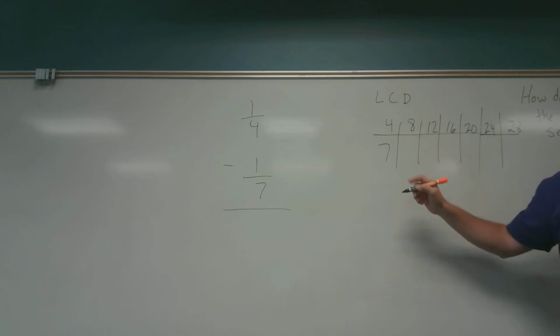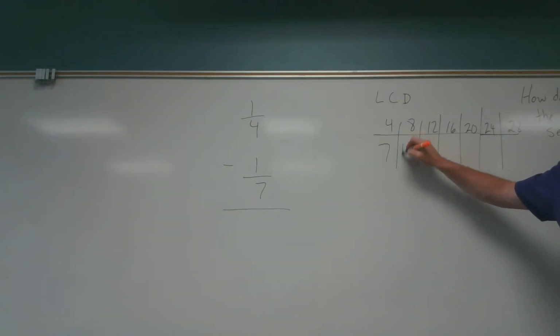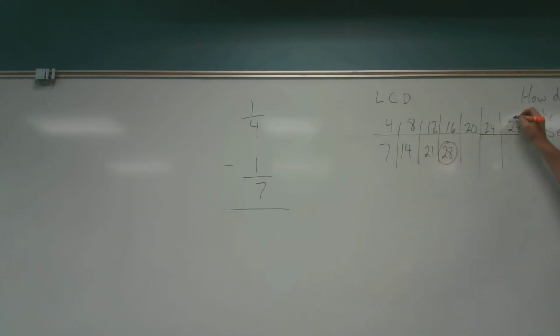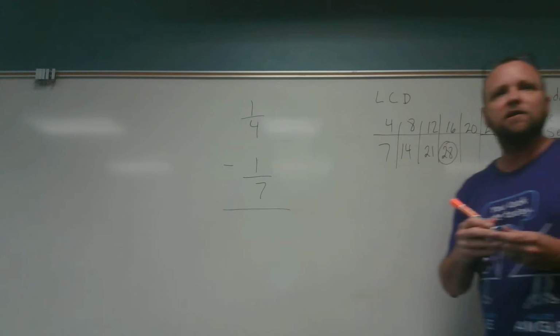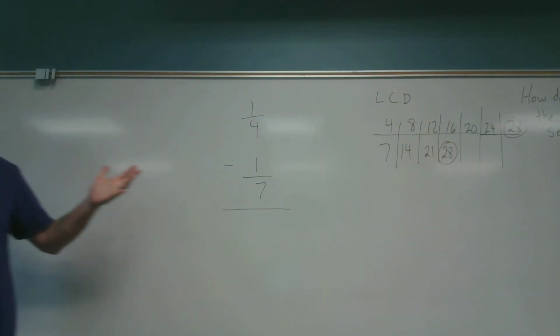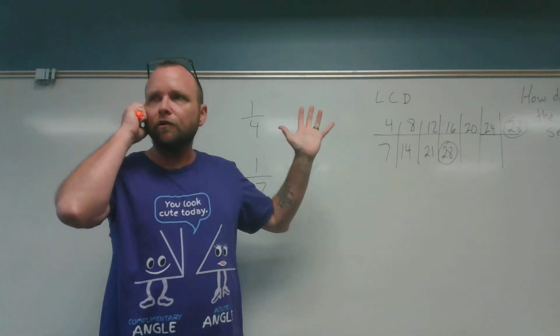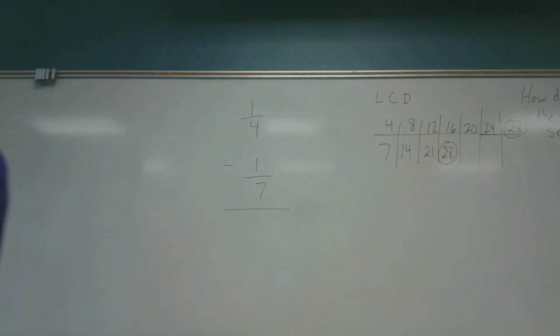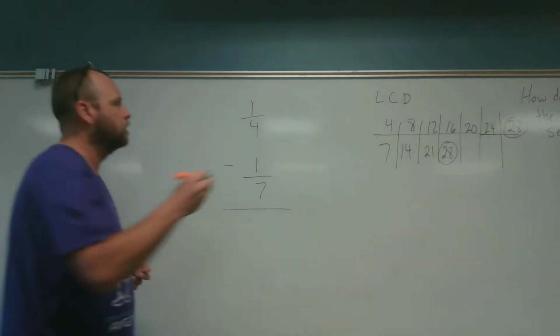Give me my multiples of 7. 7, 14, 21, 28. My least common denominator is 28. You have a multiplication chart in your journal or in your agenda, so that would be easy to look at. Some of you just sat there and stared at me when I asked you that yesterday.